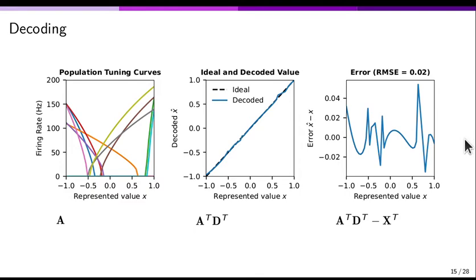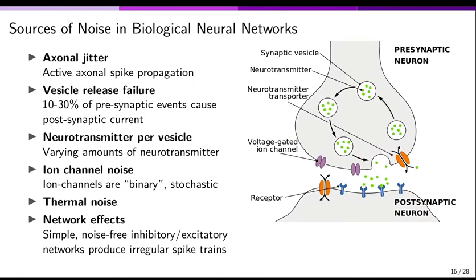Cool. Except there's one extra twist we have to add here. There's noise in biological systems. Well, actually, any physical system. There's a whole bunch of sources of noise in biological systems.